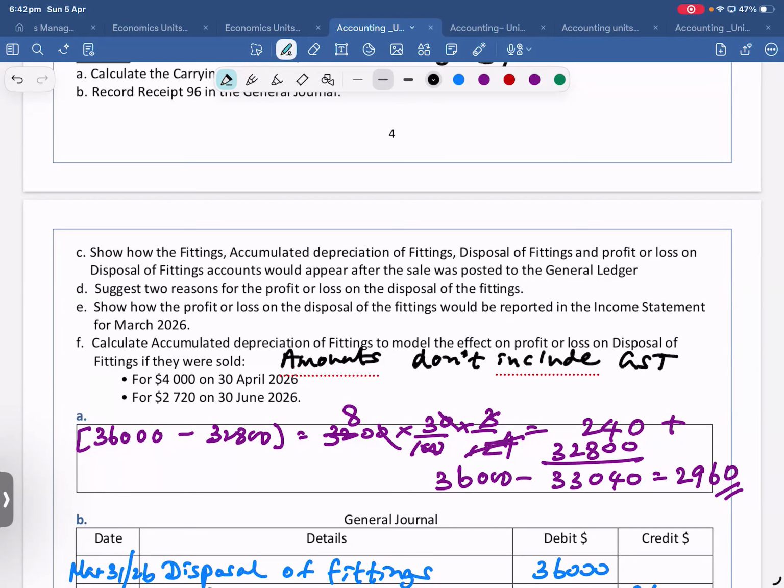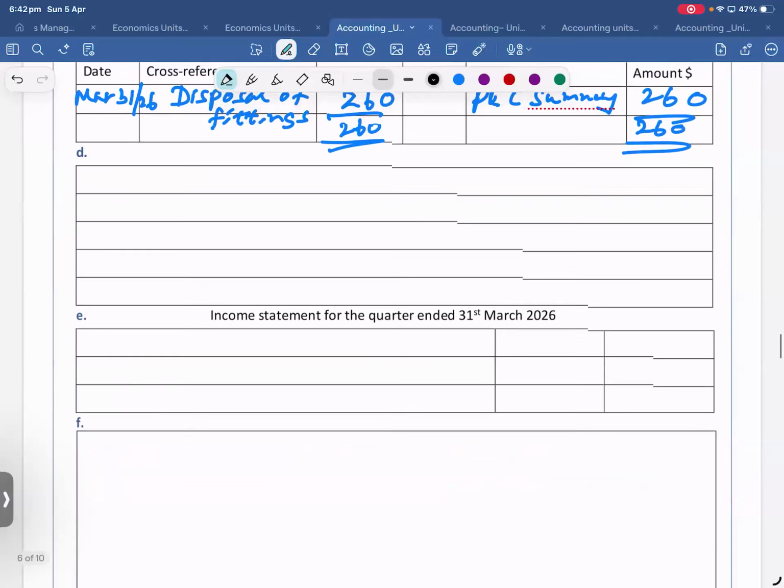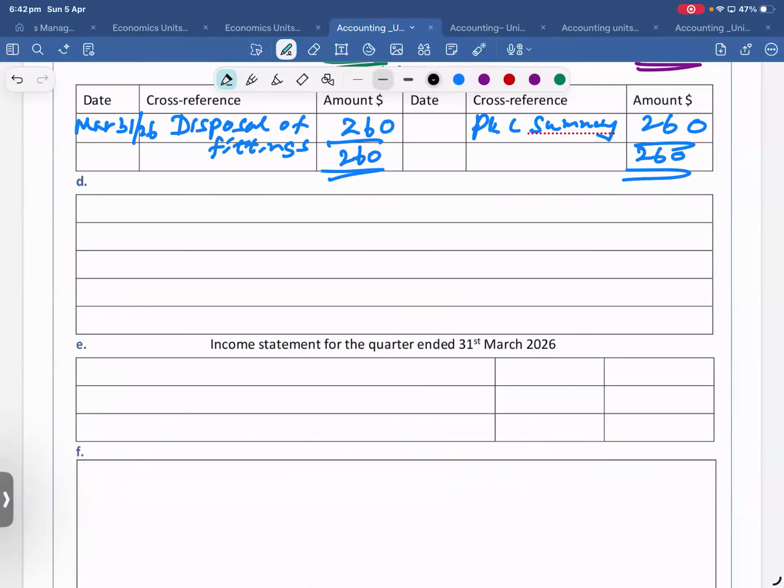Okay, guys. Part D, we can't do it right now because I have to do a little bit of theory. Income statement for the quarter ended. Where do we report it, guys? Under less other expenses.